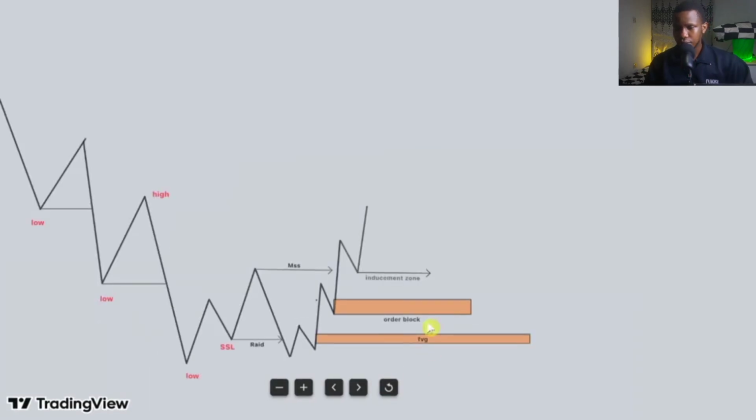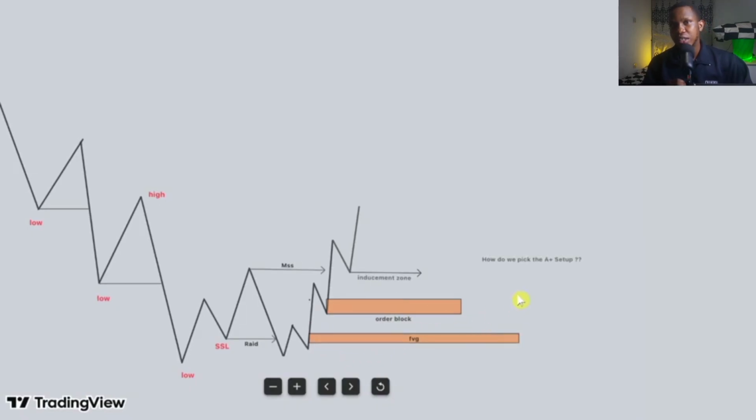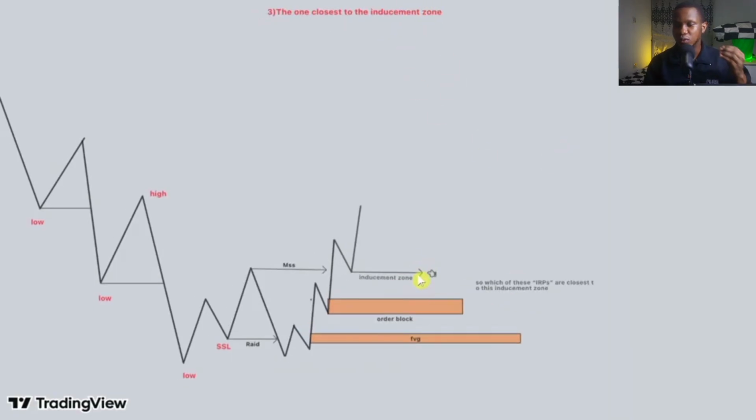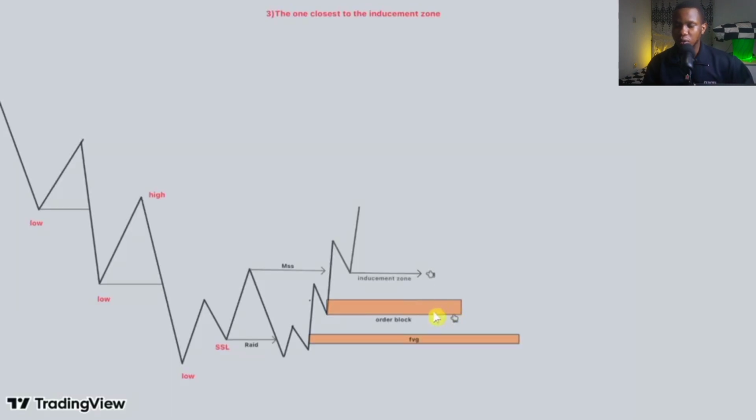So heading on, once I have my inducement zone, I have my other institutional reference points, my order block, my fair value gap. So how do we pick the A+ setup? It's the one closest to the inducement zone. So which one is closest to this inducement zone? Let me pick this order block here.